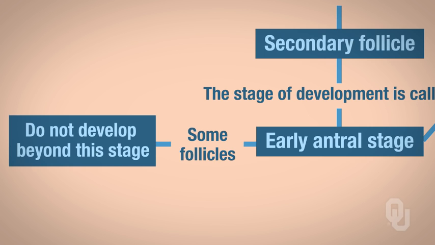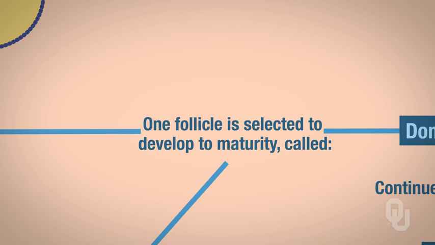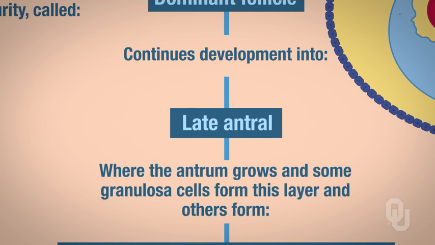When the follicle is either preantral or early antral, one of them is selected to develop to maturity. The follicle that's selected to develop to maturity is called a dominant follicle. Development continues, and now what we have is what's called a late antral stage or a late antral follicle. And that antrum, look at how much larger it is now in this diagram, much larger.